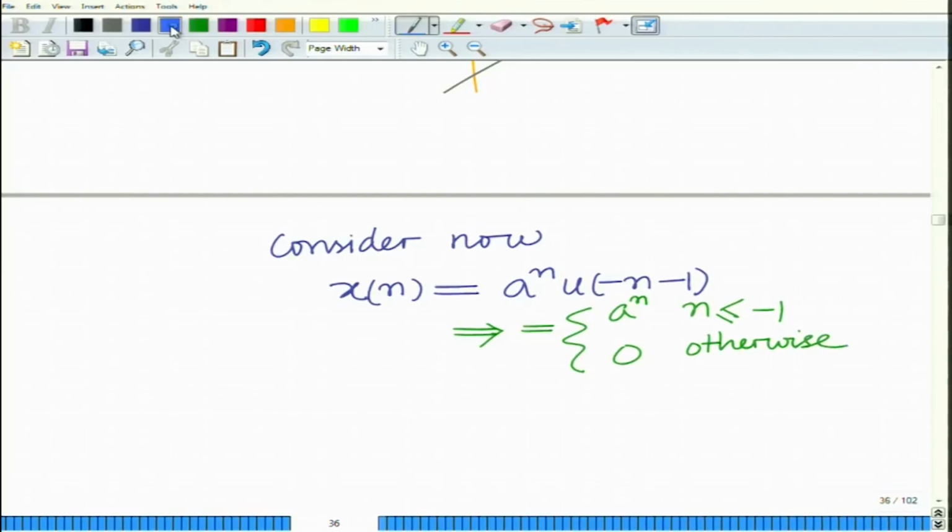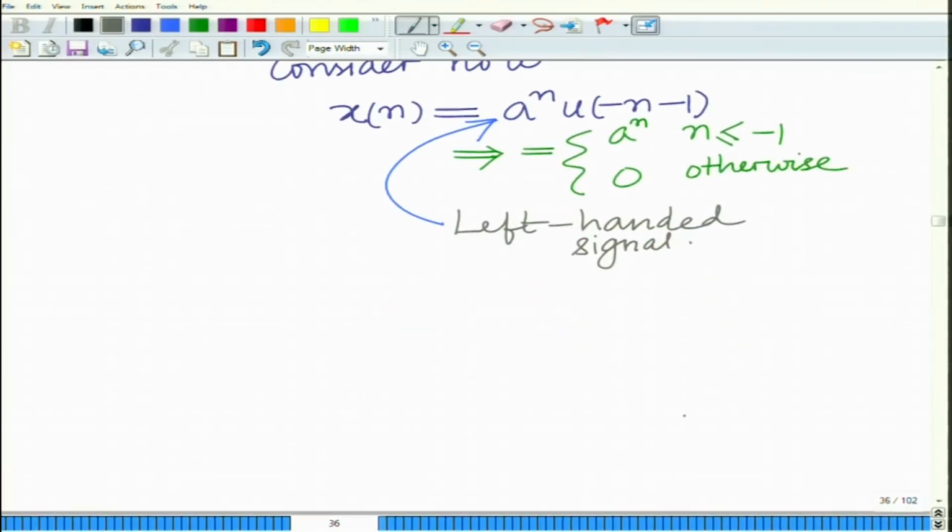So, this is what is known as a left handed signal, similar to continuous time, because it is equal to 0 for n greater than or equal to 0. So, this is basically your left handed signal.